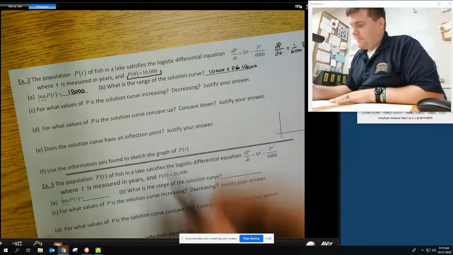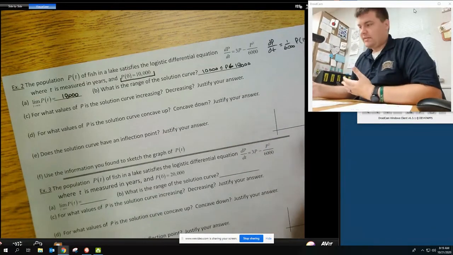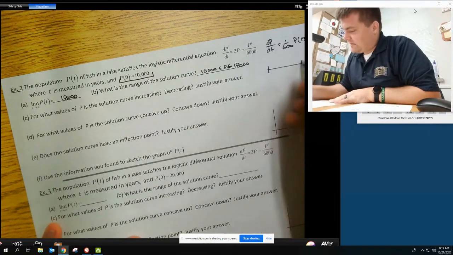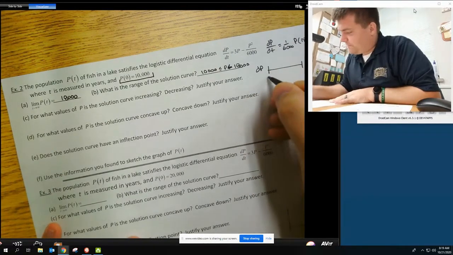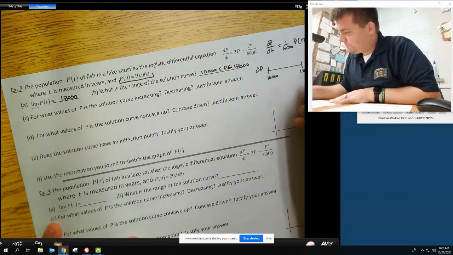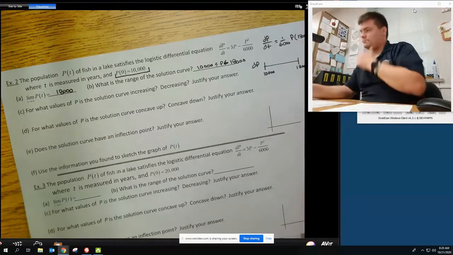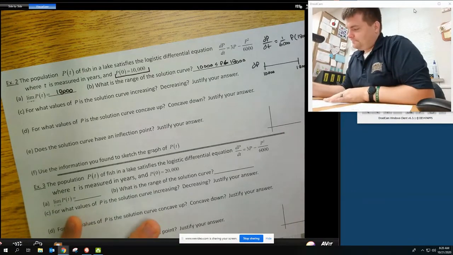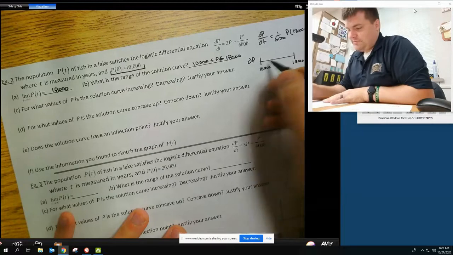Okay, so it's pretty much the exact same work that I have on the previous page. The only difference is that on my sign charts here, instead of it being 4,000, I'm going to be at 10,000. So yeah, it's the same thing here.